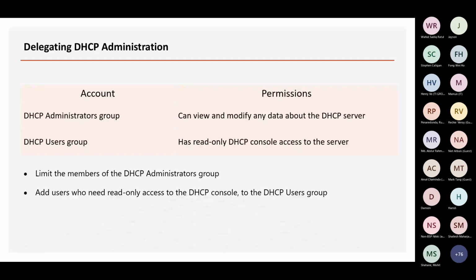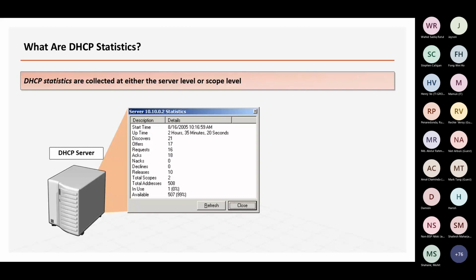I hope all of us know the concept of users and groups. So if Active Directory is available in your organization and you want to delegate management to anyone, these are the two groups we generally use. With the help of DHCP Administrators or DHCP Users, this management is generally done.